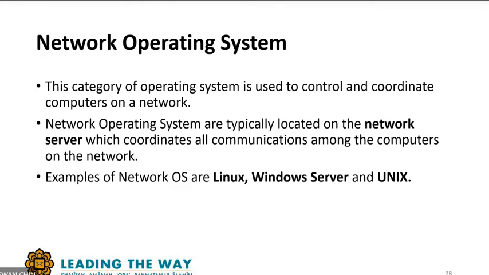And the last one is the network operating system. This category of operating system is used to control and coordinate computers on a network. So you need to connect your laptop, PC, or any devices to a network for you to operate the operating system.